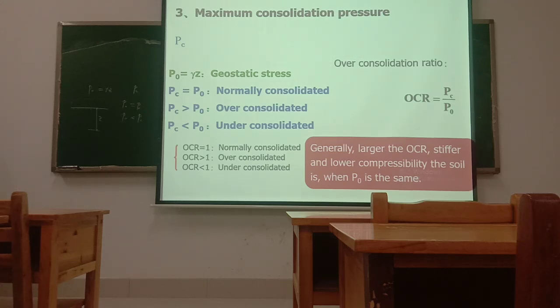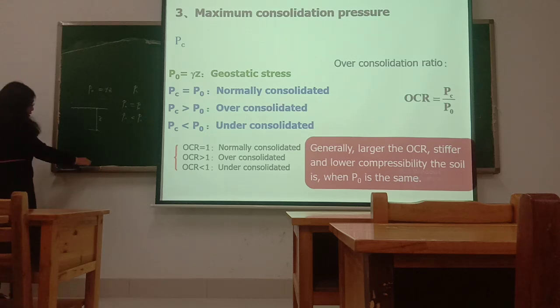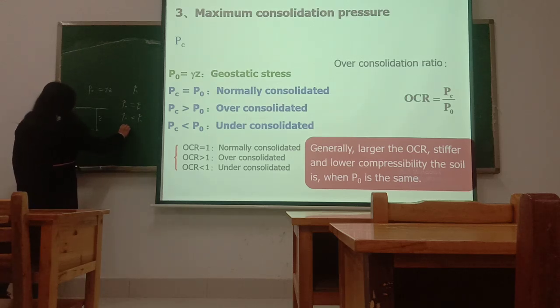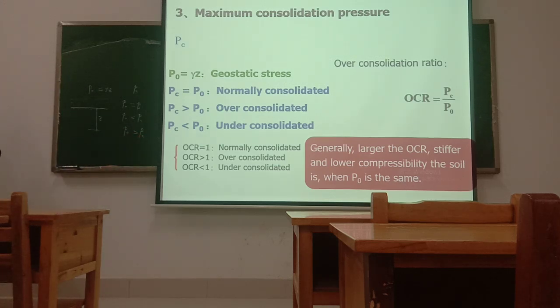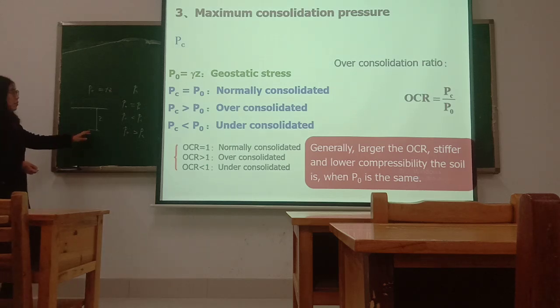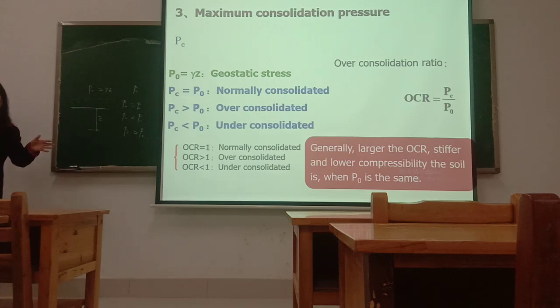And when P0 is more than Pc, what does it mean? Yes, maybe the soil has not settled to its maximum value. Maybe the soil is underconsolidated.